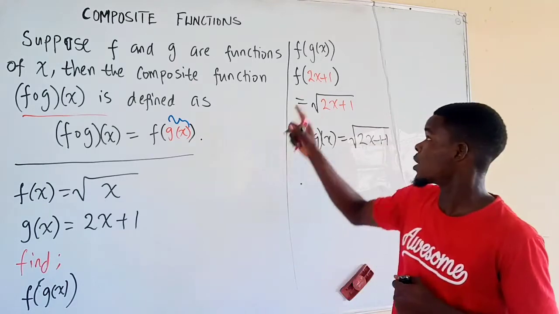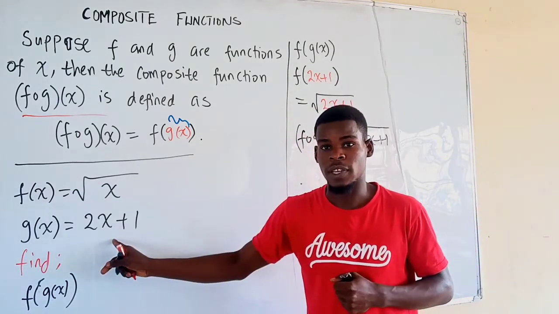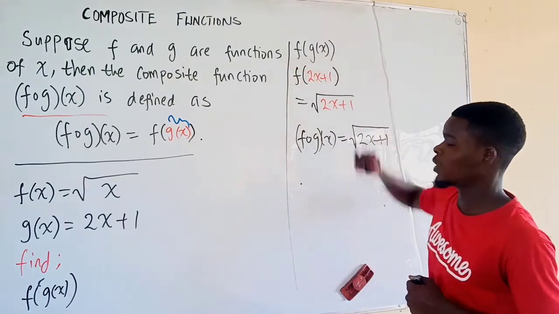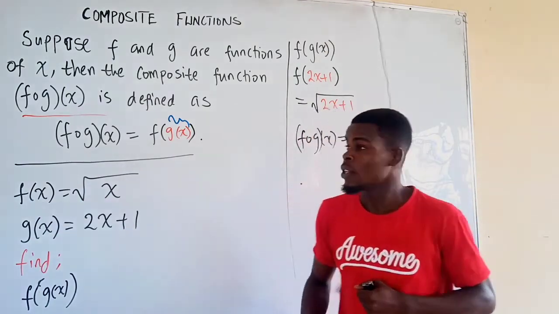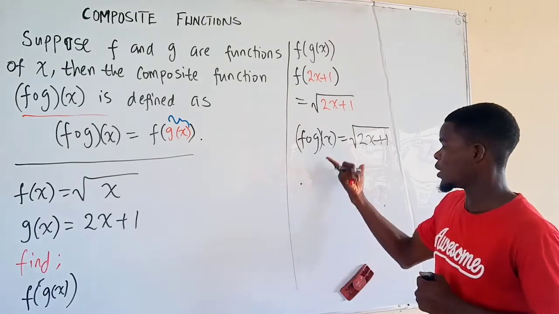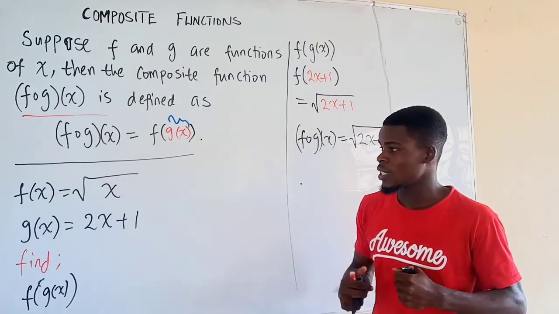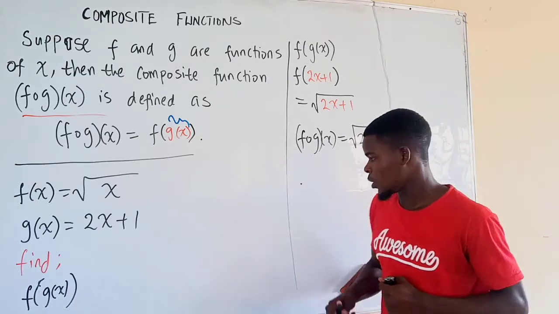We started with the inside function, which was g, by replacing it with its equivalent expression, and then we now apply the function f on that g, and the function f does what? It takes the square root of any input. So it now takes the square root of that input, and the result we get is the composition of those two functions, f and g. So that's how it is. Pretty simple, right?